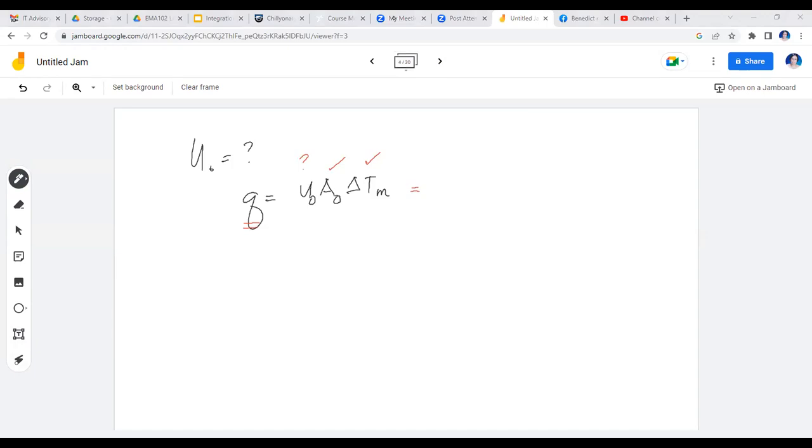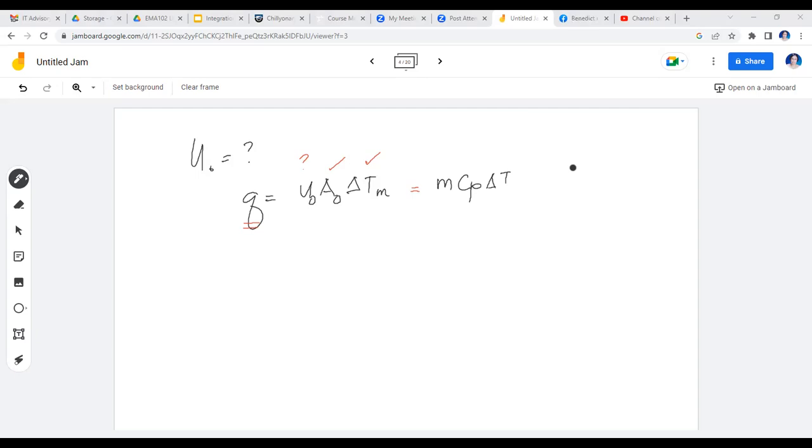MCP delta T. So MCP delta T of what, Antoinette? Okay, cold fluid. Actually, it could be the MCP delta T of the cold fluid or the MCP delta T of the hot fluid.